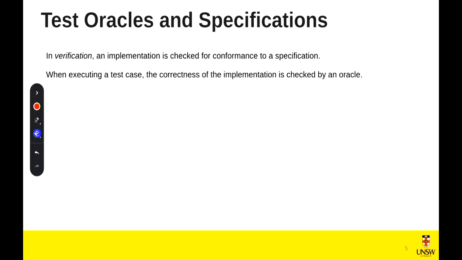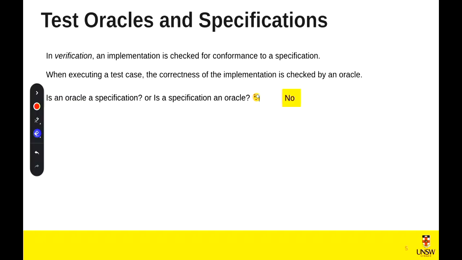Test oracles and specifications may sound similar to each other here. So we may have this question: is an oracle a specification, or is a specification an oracle? Can you quickly think about yes or no?